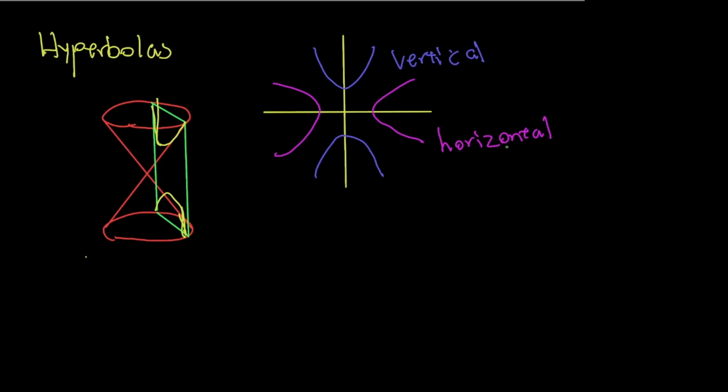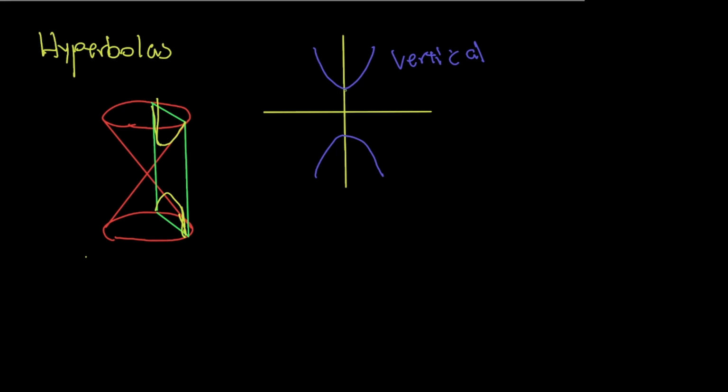And now before we move on to standard form and general form, let's point out the important parts of a hyperbola. So let's use one set for now to make it simpler.